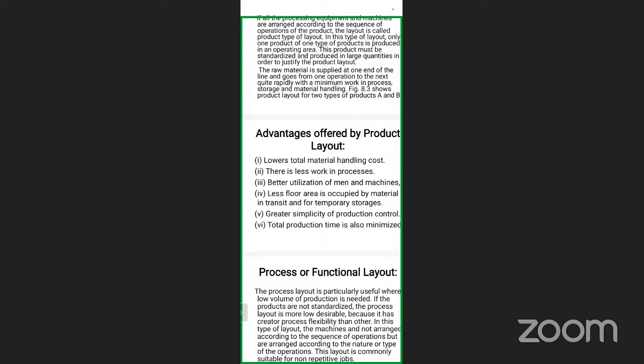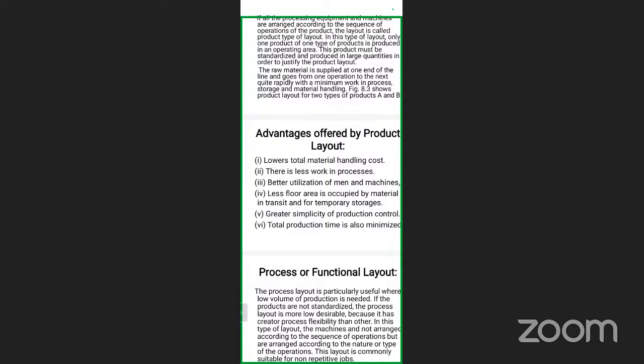There is no cheating because all are ready, and everybody is giving attention to their work. Product layout is very systematic. We are utilizing the manpower and the machines properly.